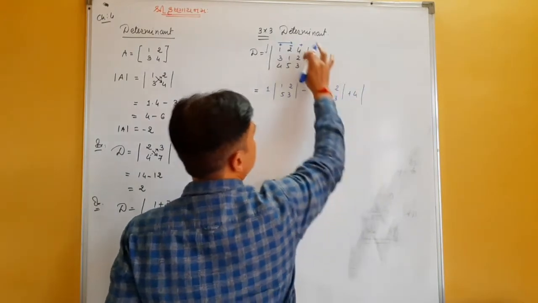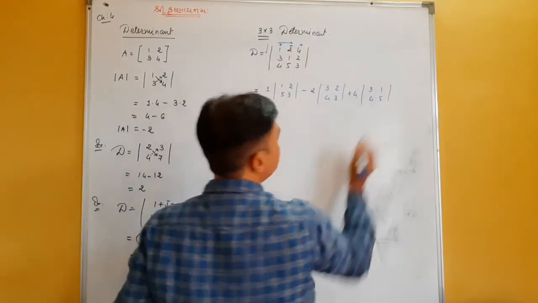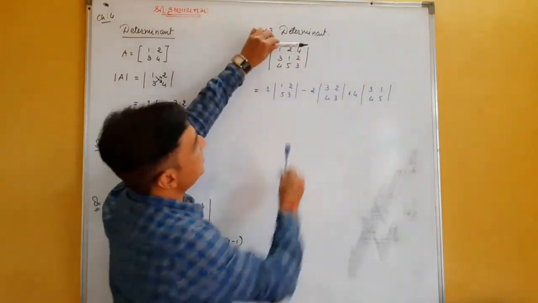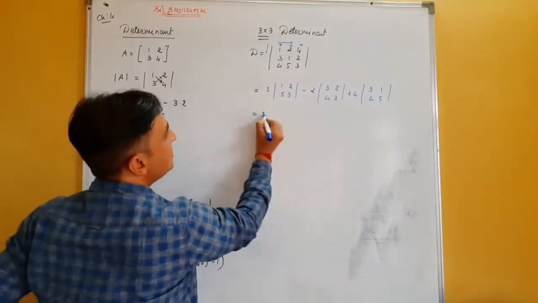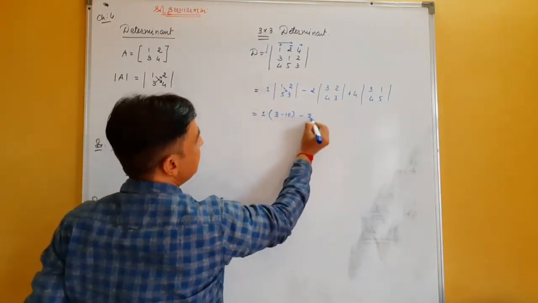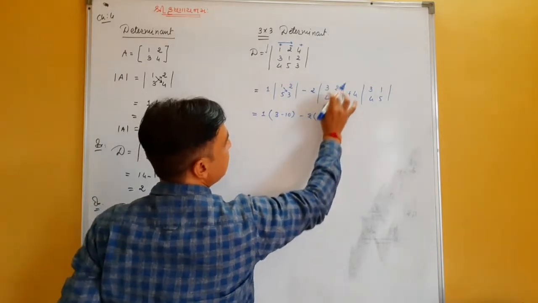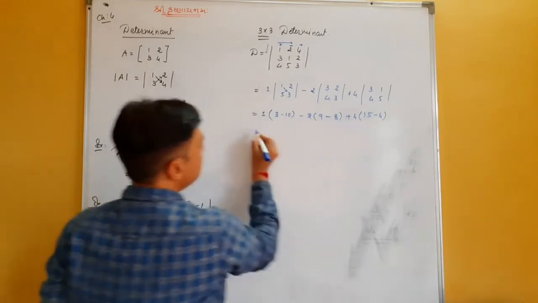Similarly 4, the third element. Hide the row and column containing 4, so first row, third column. So we have 3, 1, 4, 5. Now simplify it. 3 ones are 3 minus 10. 4 3s are... 9 minus 8. And 4. 15 minus 4.